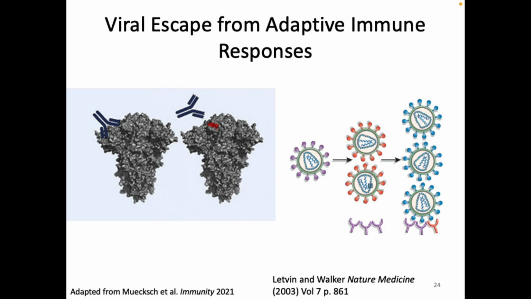Here's a viral protein that binds to an antibody. The virus can make a mutation so that the protein changes right at that epitope, and now the antibody no longer binds. We might think about this a lot with, say, SARS-CoV-2. This is the story with variants. This is why we spend a lot of time thinking about variants.